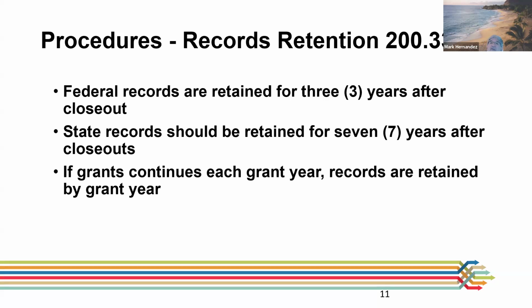And if you have a continuation grant, like a lot of the grants are, then at the end of each year would be your closeout of that year. Then you need to keep that for 3 years, and that would be by grant year. In some cases, you may have a grant with the governor's office or the OAG that you've had each year, or every 2 years you may have a new award.